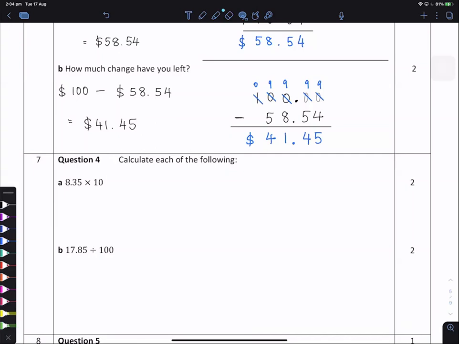How many times would you move it if I had to multiply it by 1,000? 3. Tanner also says 3. Why do you guys say 3? Because there's 3 zeros. Okay, yes, perfect.